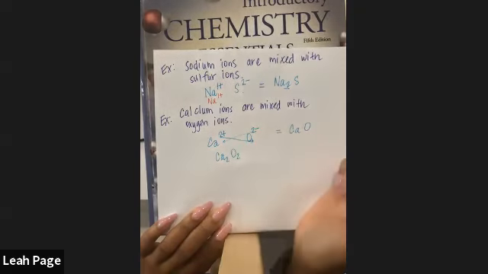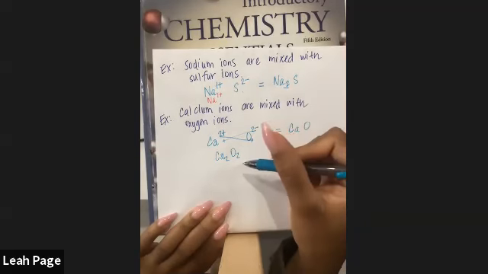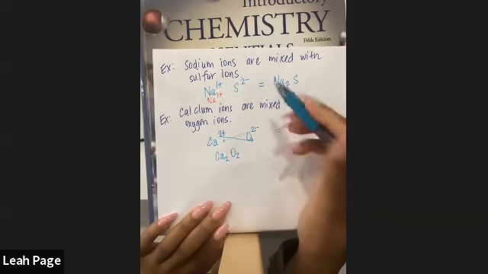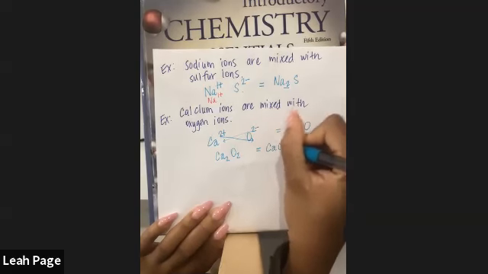Ca2O2. But when we're writing ionic compounds, we're always gonna write the empirical formula. And remember, the empirical formula is the ratio or the simplified version. So even if you switched it and you got Ca2O2, you gotta remember to go 1 extra step and simplify that to just CaO.